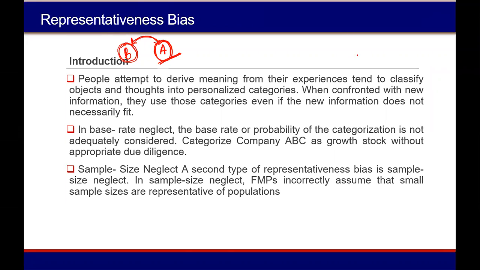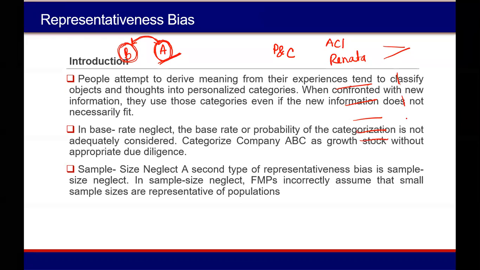Okay. And another thing we do: say in the pharmaceutical and chemical sector, you see some selected stocks, say only ACI, only Renata. These stocks are performing well, and all the other stocks are underperforming.